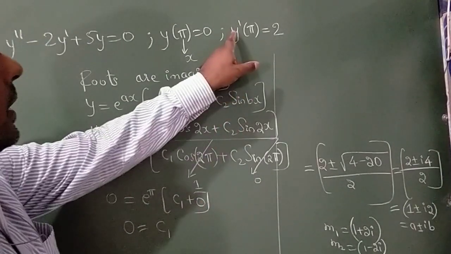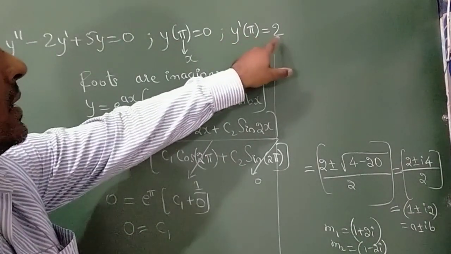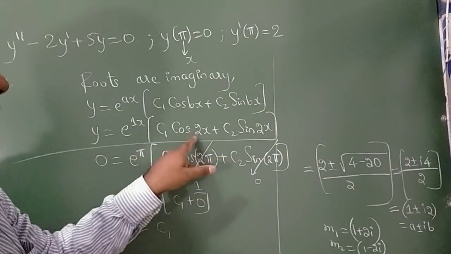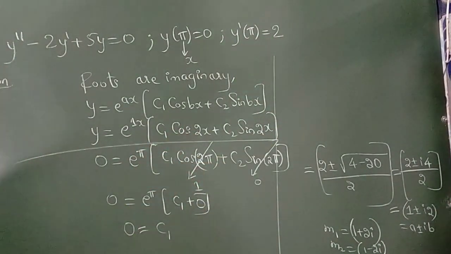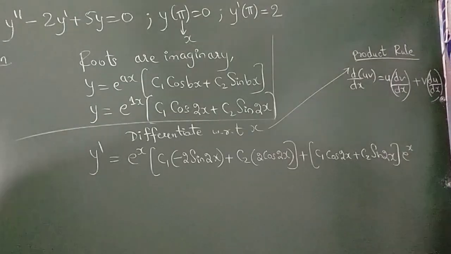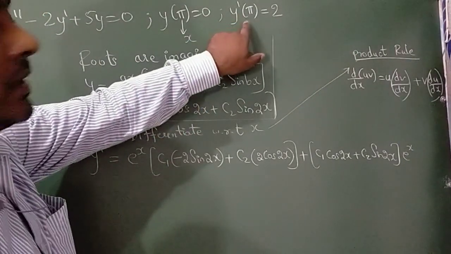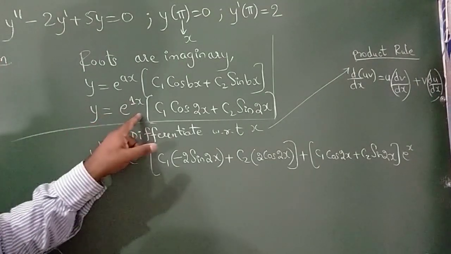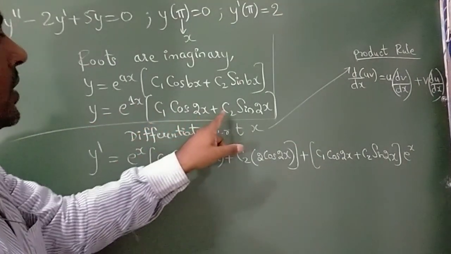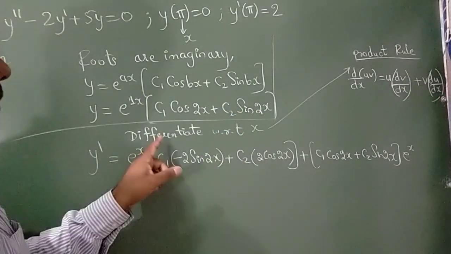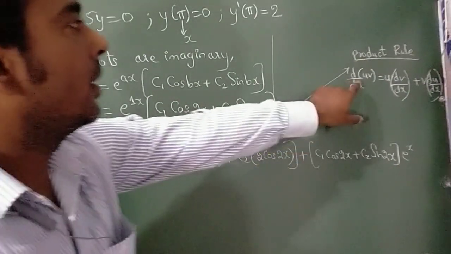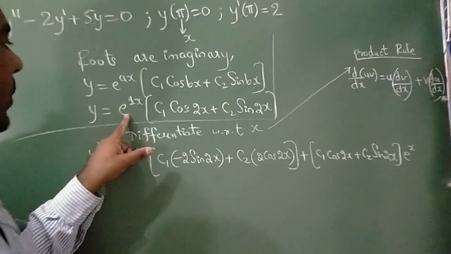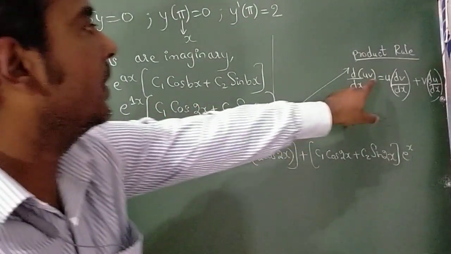So to use y dash of pi is equal to 0, I need to differentiate this. To substitute this value, I need to differentiate y is equal to e raised to 1x into c1 cos 2x plus c2 sin 2x. Differentiating with respect to x by product rule, this will become u and this whole term will become v.